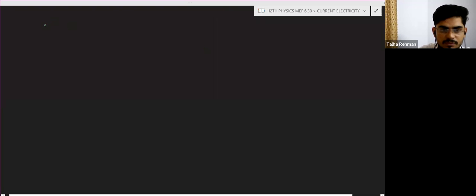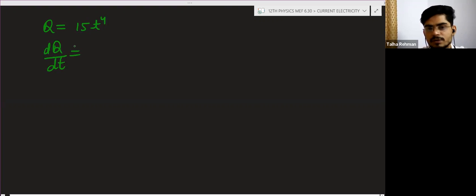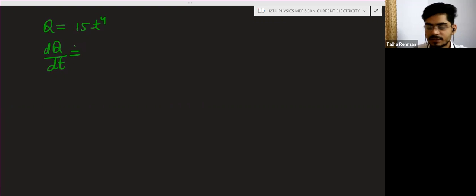Suppose q is given like this, and I want dq by dt. Can you solve, Nawal or Matthew? If you can, then you can, and otherwise I will teach, because we need differentiation here.